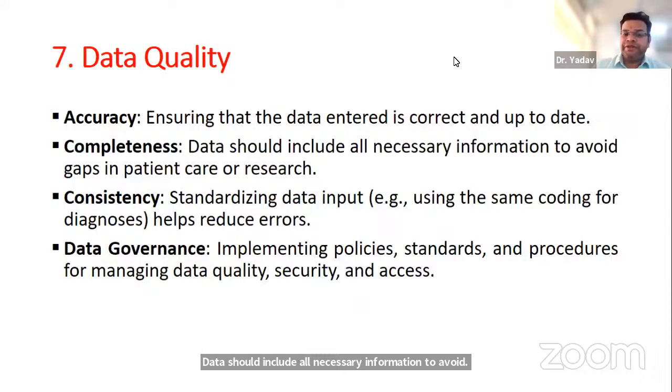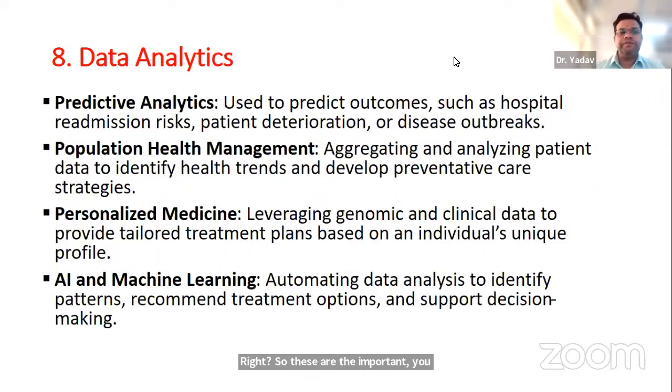It should be consistent, that is, standardizing the data input, using the same coding for the diagnosis, which helps reduce errors. Data governance, that is, implementing policies, standards, and procedures for managing data quality, security, and access. Right. So these are the important checkpoints through which you can maintain the quality of your data.